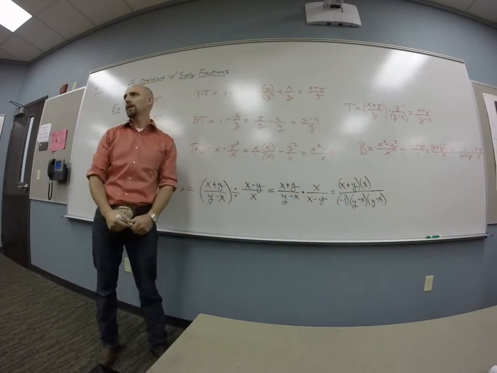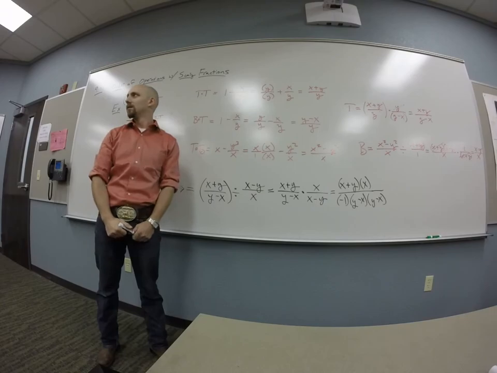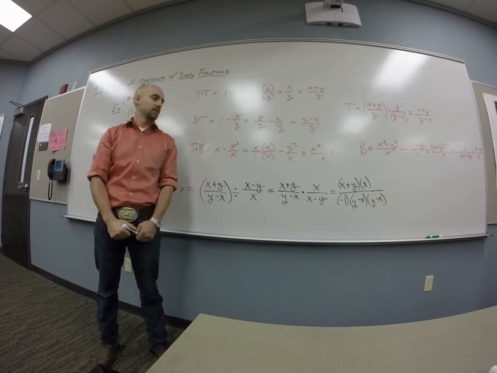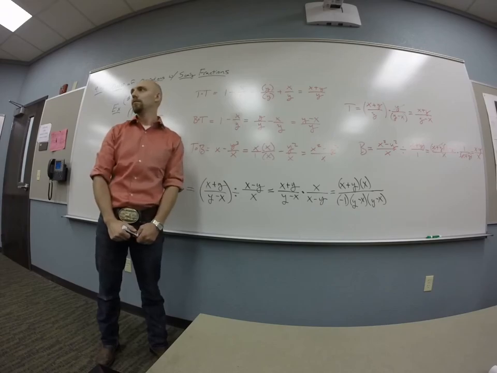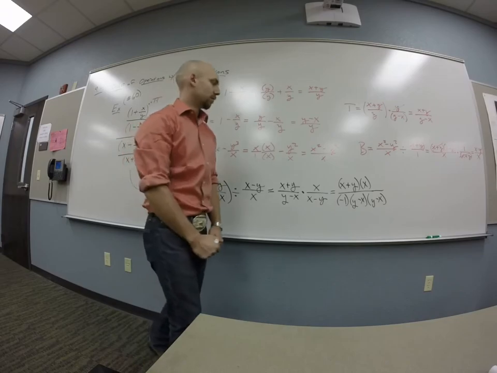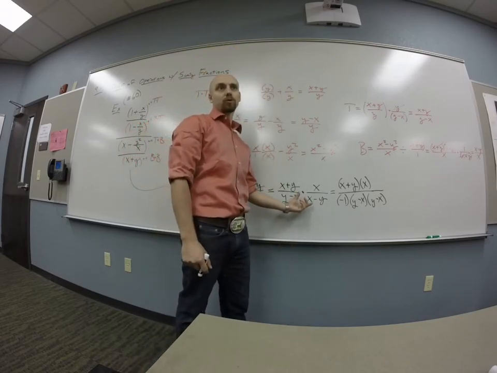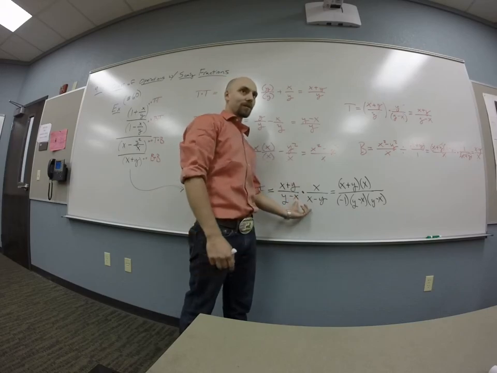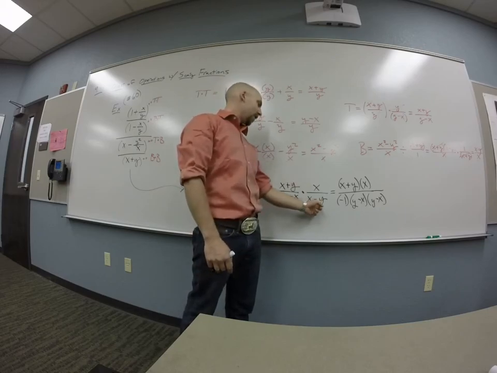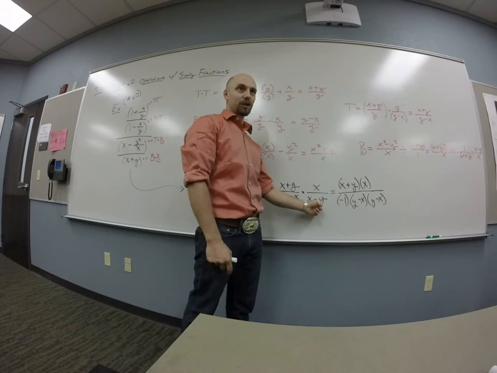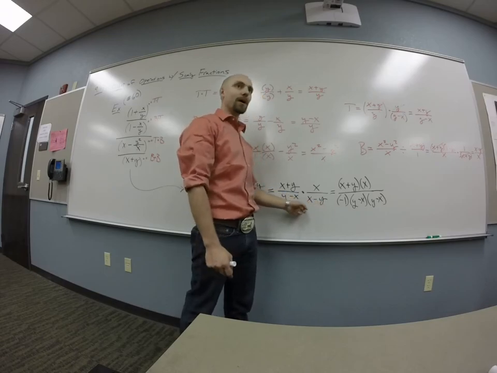Can I cancel anything? Why didn't you put a minus 1 on top too? Isn't it x minus y, not y minus x? They should both be the same. It depends on which one you factor the negative 1 out of. If you factor the negative 1 out of this one, which is what I chose to do, then you get 2 y minus x's.